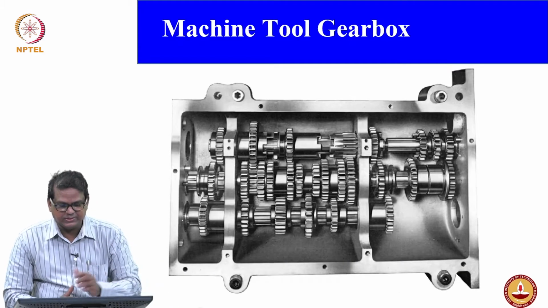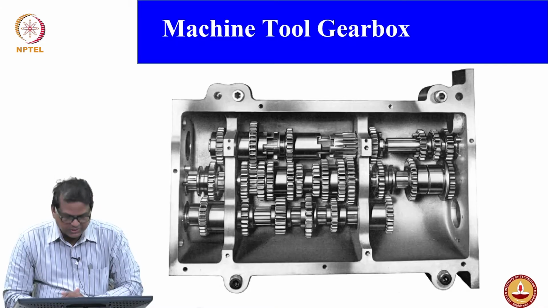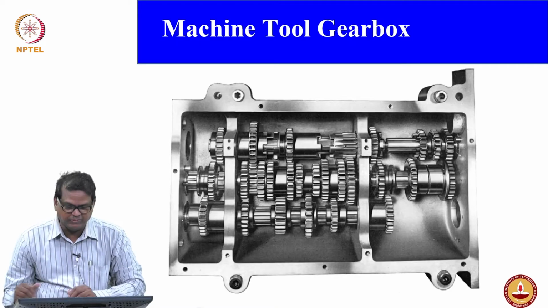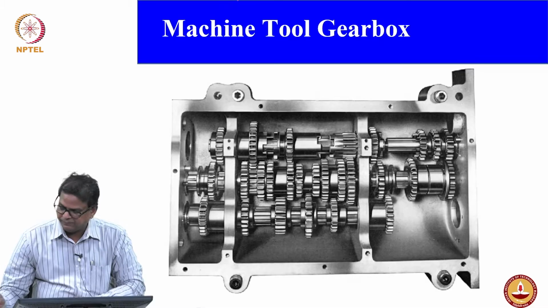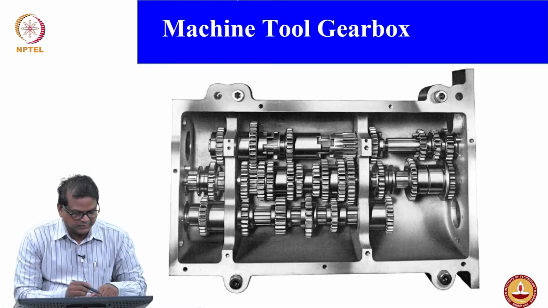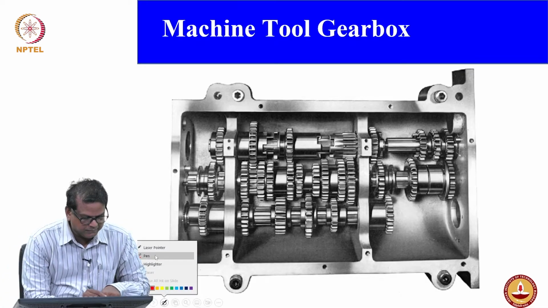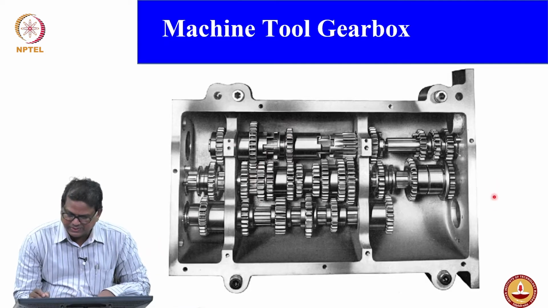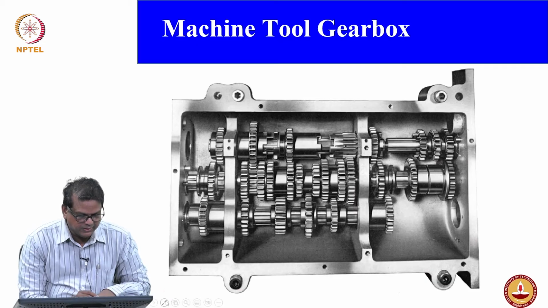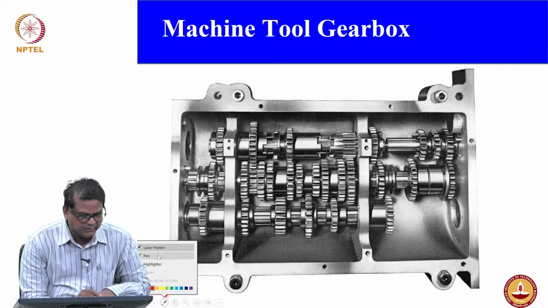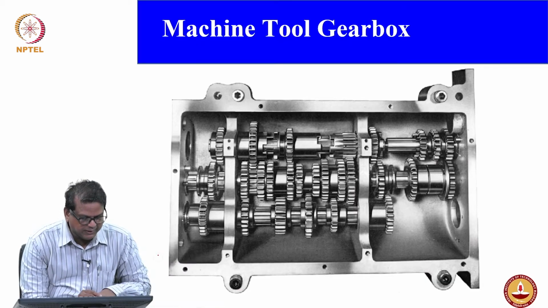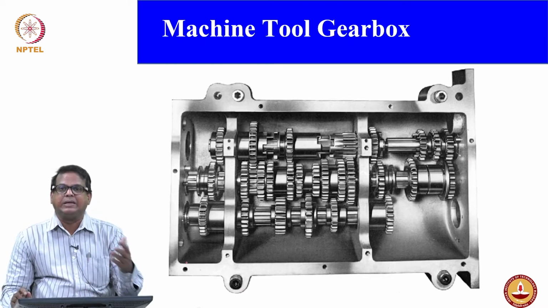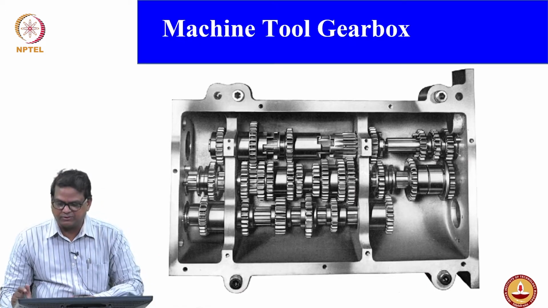This is a typical machine tool gearbox. You can see that there are a lot of gears, which clearly shows this is unlike an automobile gearbox. This gearbox needs a lot of speeds.